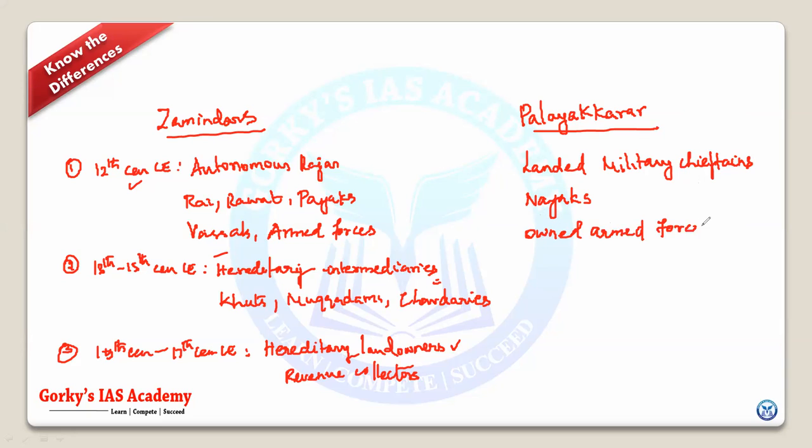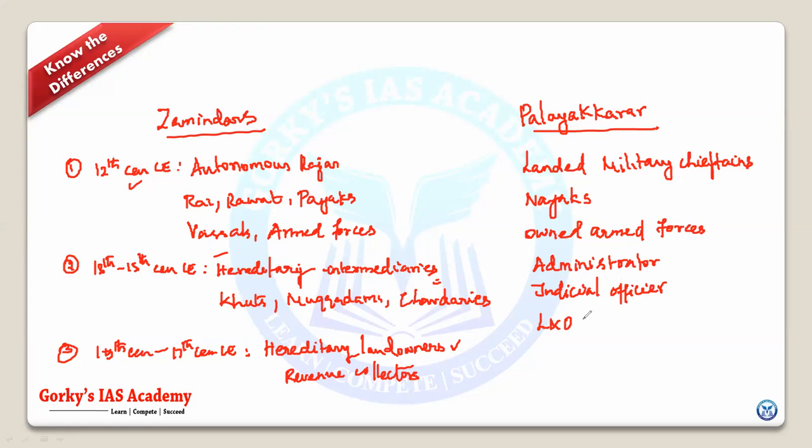They enjoyed Palayams, the unit of land, and they were administrators of the Palayam. They maintained the law and order of the Palayams. They acted as judicial officers of the Palayam. So they maintained law and order in that capacity.